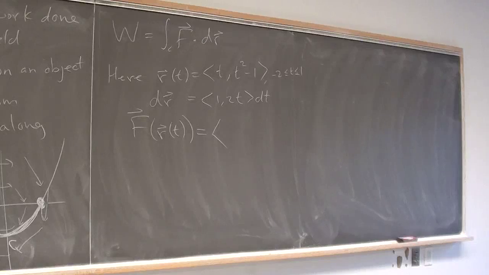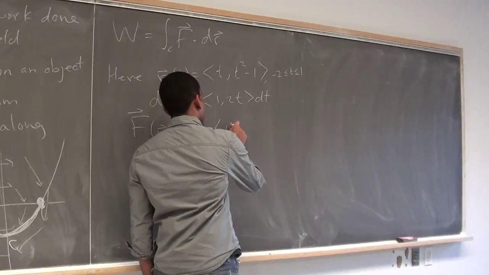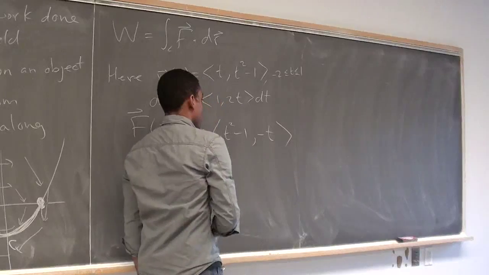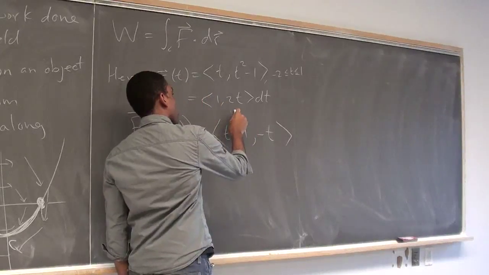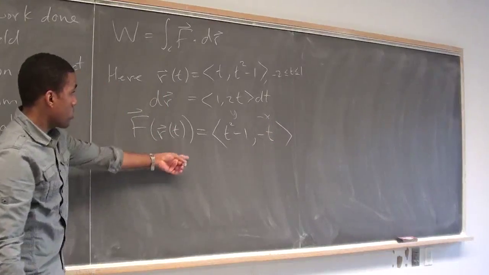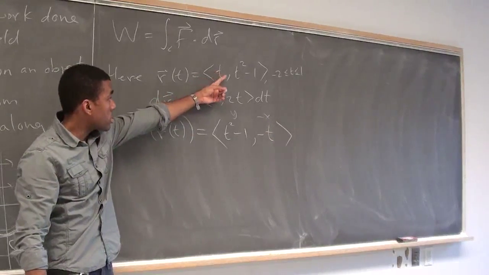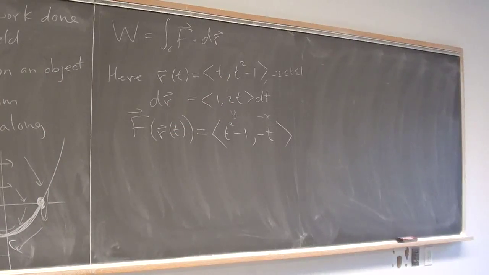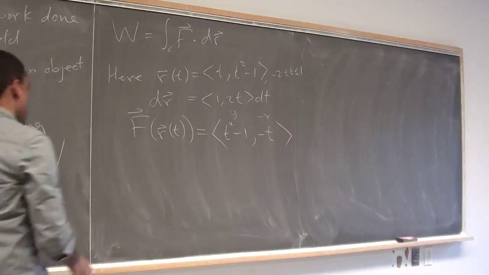F is (y, -x). Your y is actually t squared minus 1. So this guy here is y, this guy here is minus x, and we get that from x(t), y(t). So you go back to your function, you plug in the parameterization, and now you just integrate.